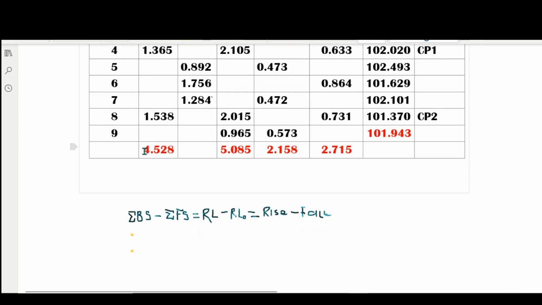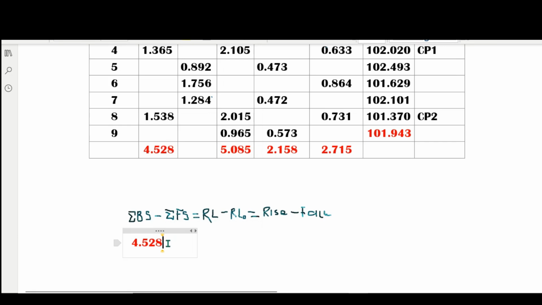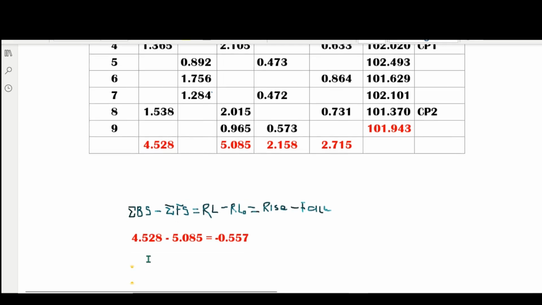This backsight minus foresight, that's about 5.085, is equal to this number. Now let's check this other one too. On the other hand, look at what we just treated. This backsight minus this is equal to minus 0.557.